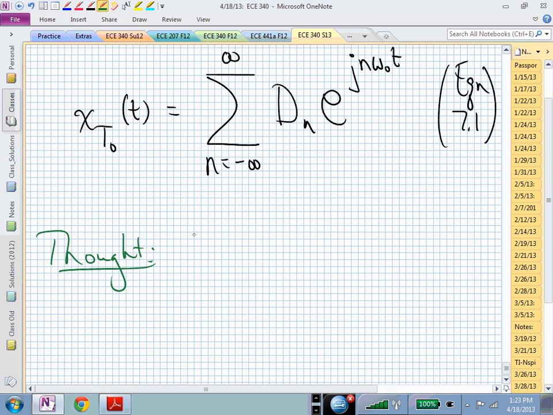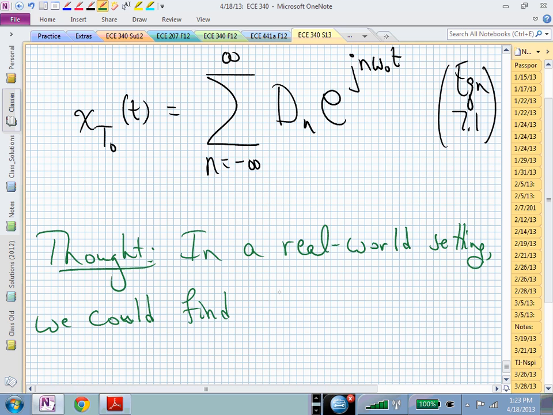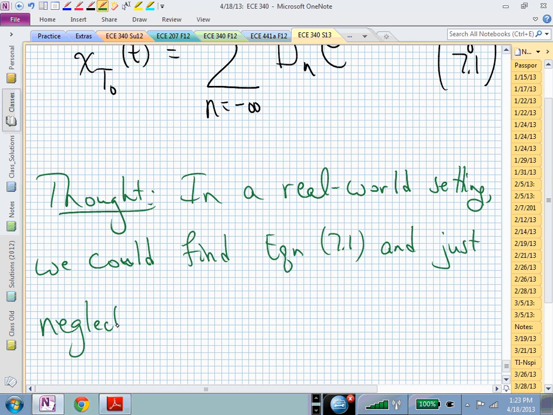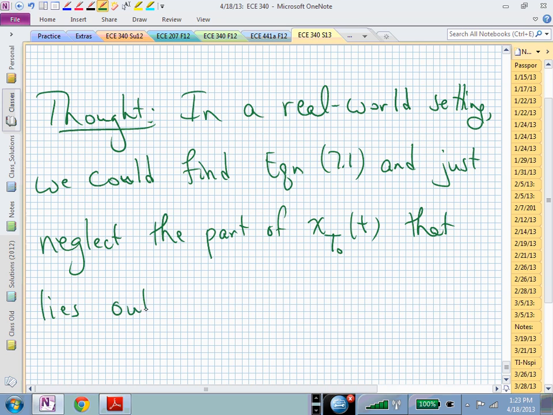And that's the thought. In a real-world setting, we could find equation 7.1 and just neglect the part of x sub t naught of t that lies outside of our time domain region of interest, which is outside of minus t naught over 2 and t naught over 2.